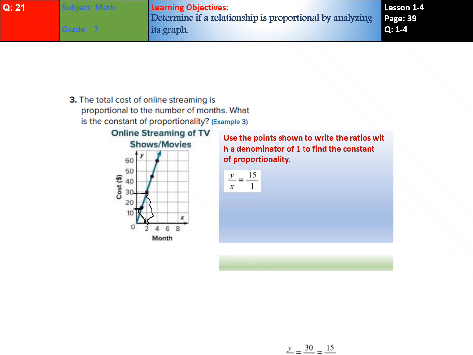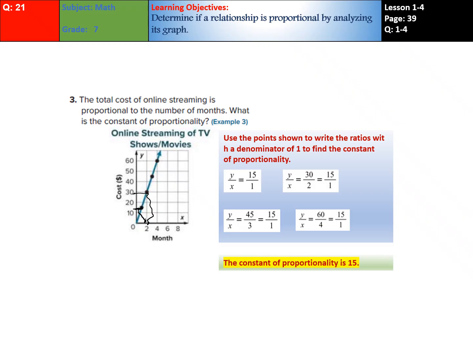So the first one is 15 over 1, 30 over 2 is again 15 over 1, the next one is 45 over 3, that is again 15 over 1. All the points have the same rate with the denominator 1, that is 15. So the constant of proportionality is 15.